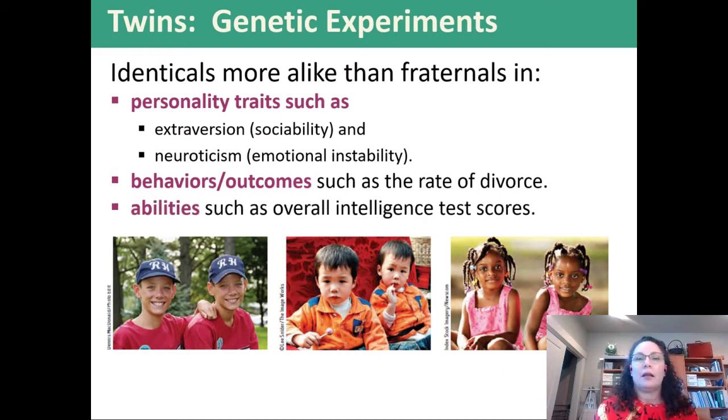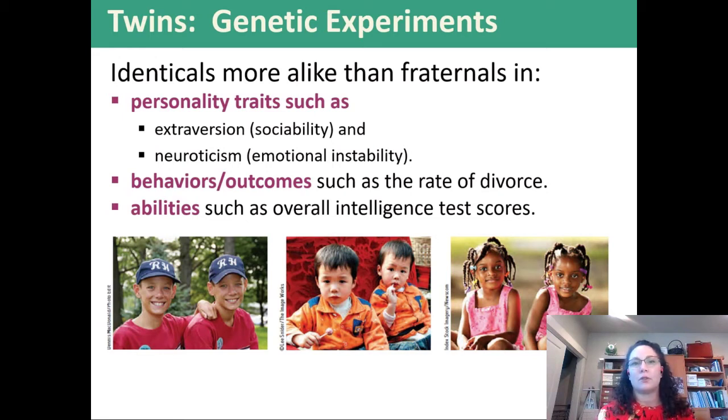And then abilities like overall intelligence, general intelligence, seem to be largely genetic, because identical twins are a lot more similar, even ones who are reared apart. So if I knew that this pair of people in front of me were identical twins who had been raised separately but shared 100% of their genes in common, if I knew the score that one had earned, I'd have about a 75% probability of being right if I just guessed the other one has the same score.